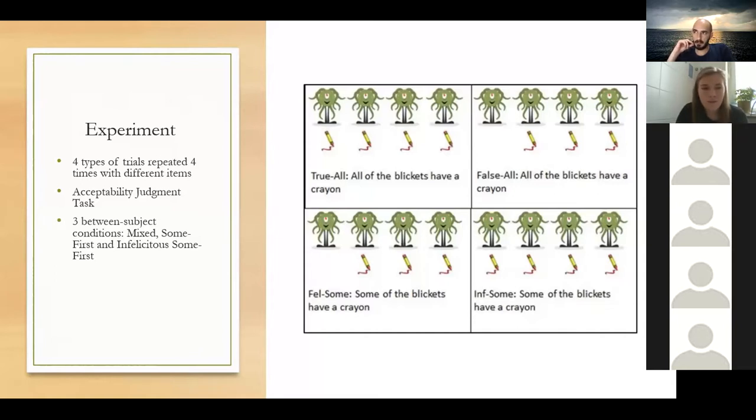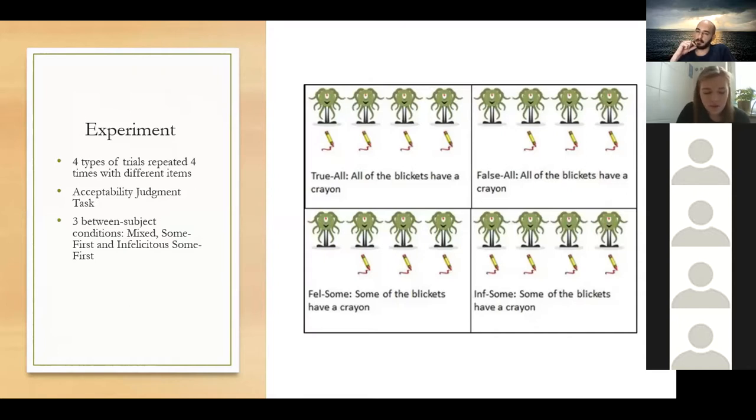Then there was a some-first condition, in which the some and all statements were blocked, and the some block always came before the all block. But within these two blocks, the order of the statements was random.